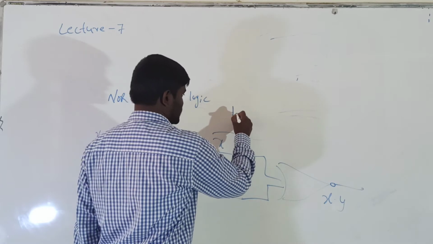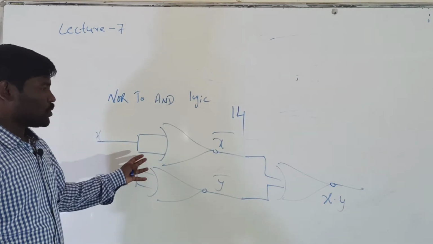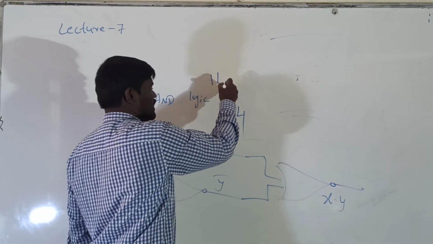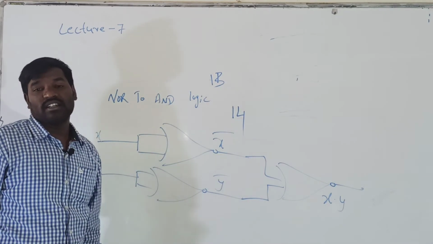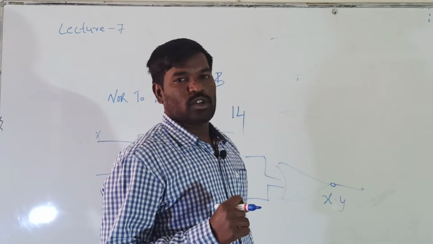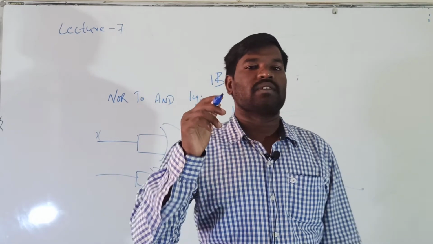In the final examination, Boolean algebra will get 13 marks. In the data structure you will get 14 marks. And the data structure chapter consists of some algorithms. All the algorithms are very, very important.